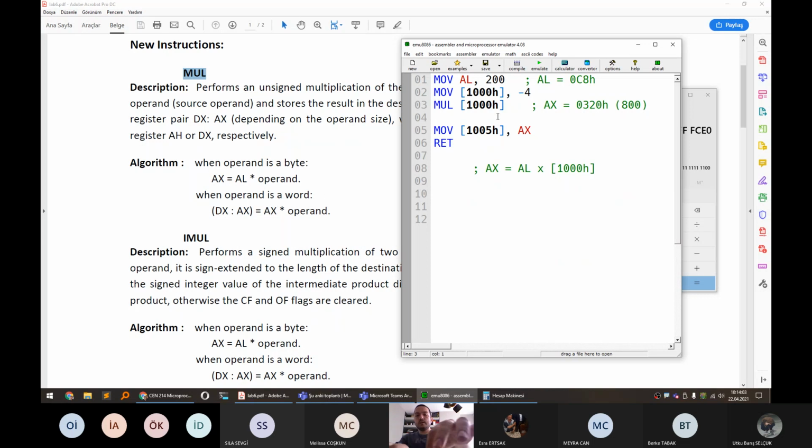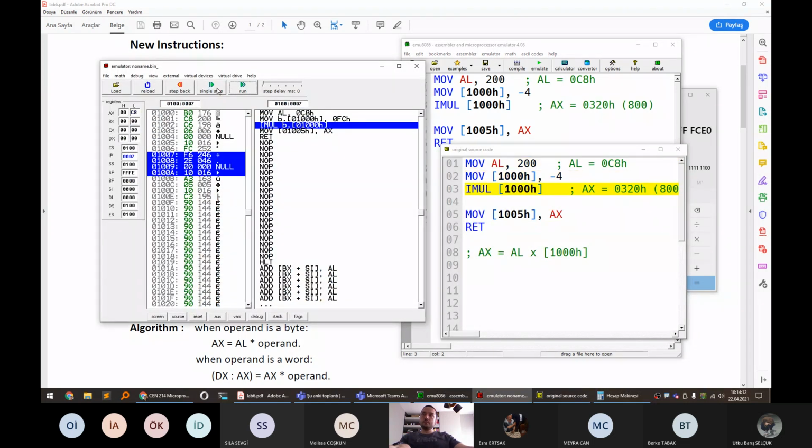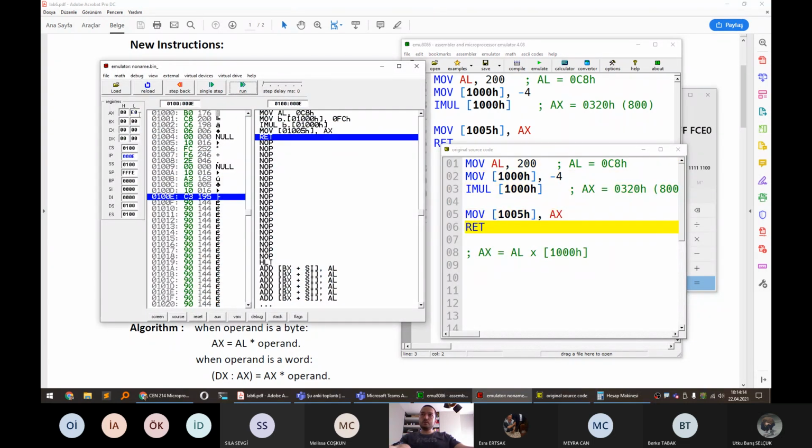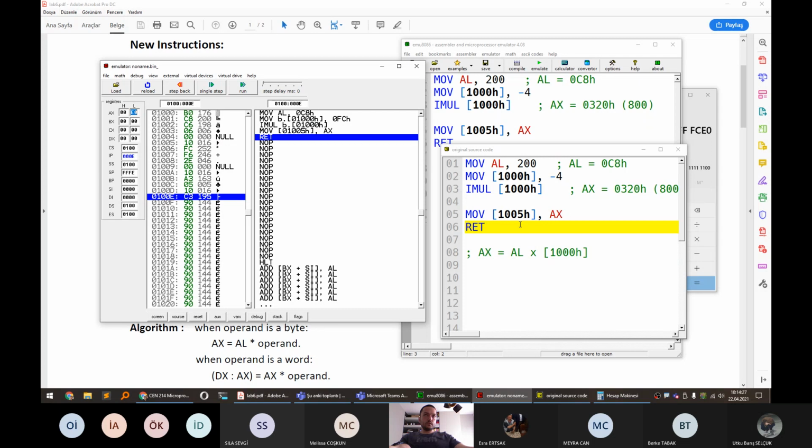So we used the wrong multiplication. But when I change this into I multiplication and emulate, okay, the same numbers, and the result is in AX. And we open this. Why didn't it calculate correctly? I multiplication.